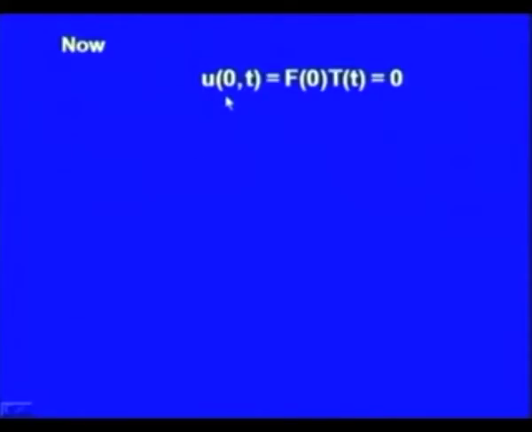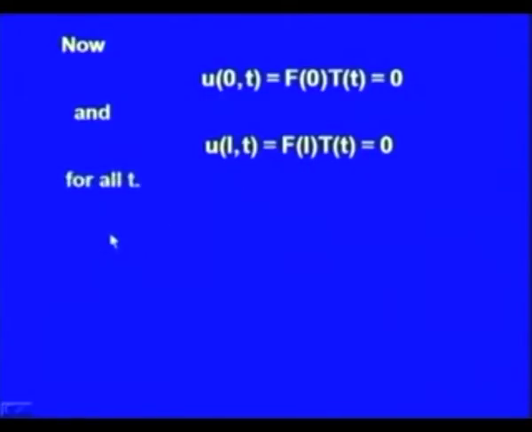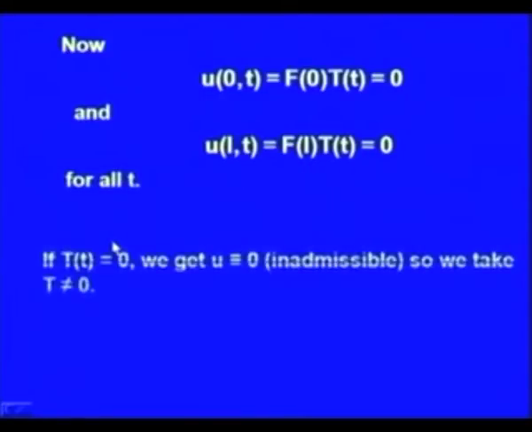Now, we have the boundary condition that u 0 t is equal to 0, and we have assumed that u x t equal to f x into t t. So, let us put x equal to 0 there. Then we will get u 0 t equal to f 0 into t t, which is equal to 0, and also we have u l t equal to 0. So, u l t is equal to f l into t t equal to 0 for all the time t.